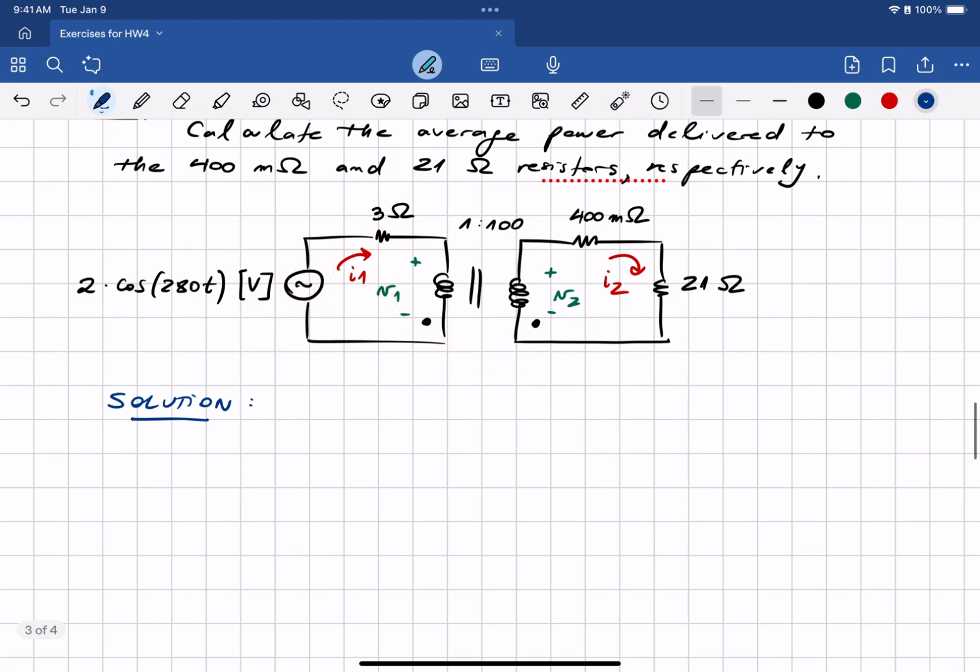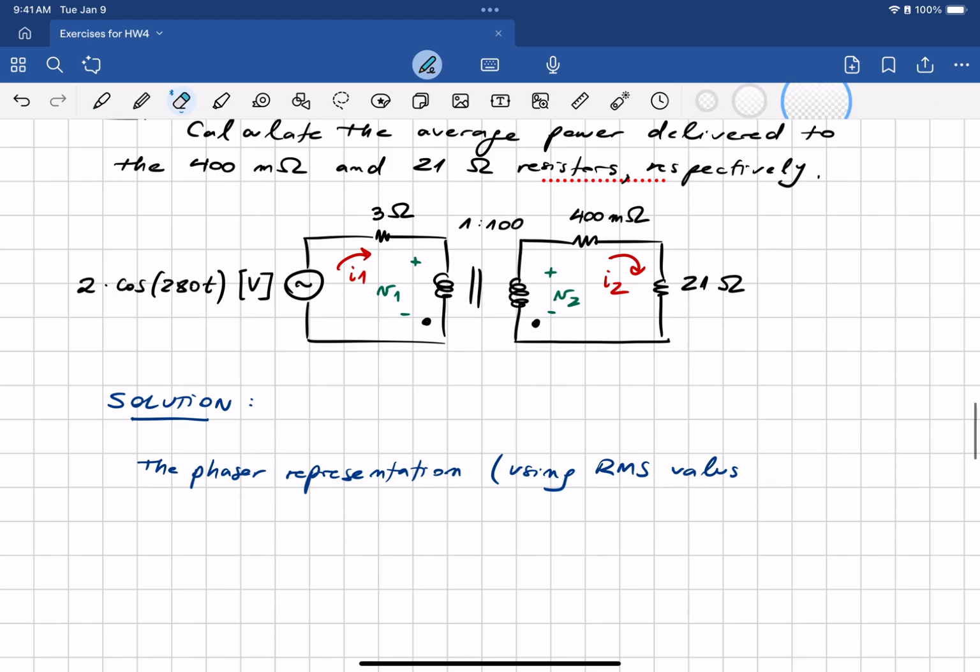So let's state the phasor representation, and let's be specific here, RMS values of the circuit referred to the secondary side.